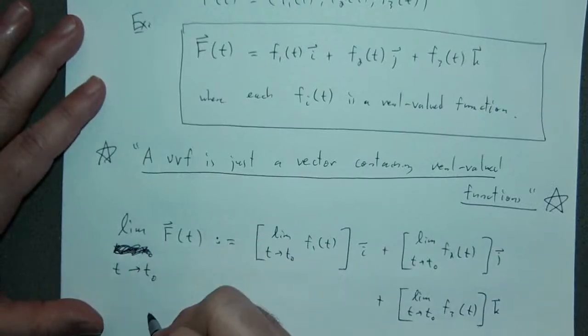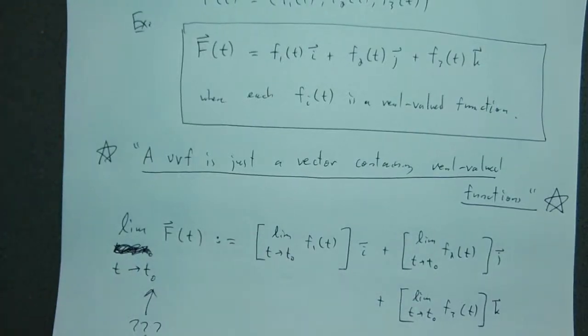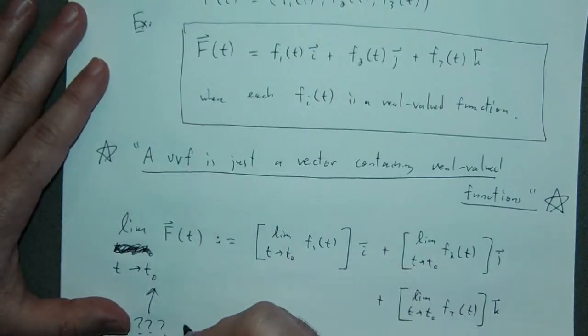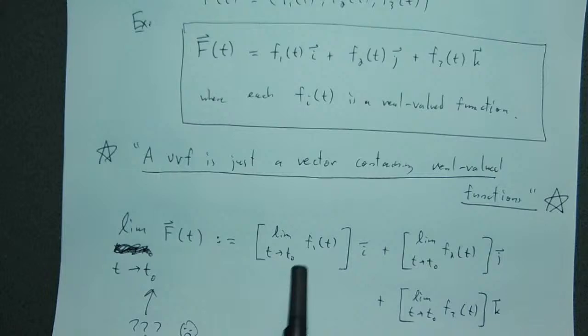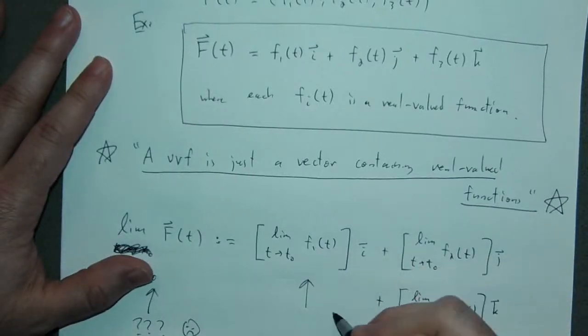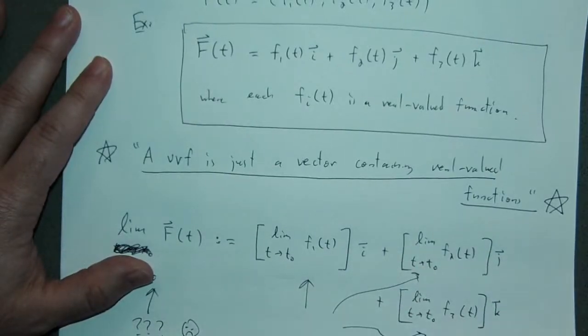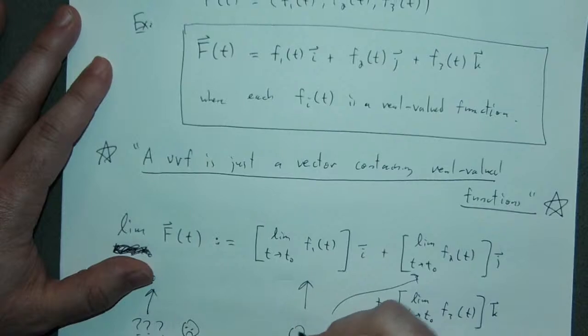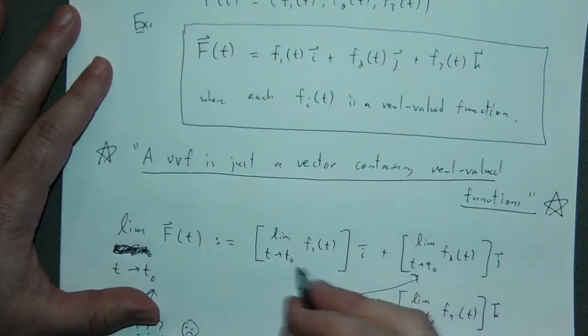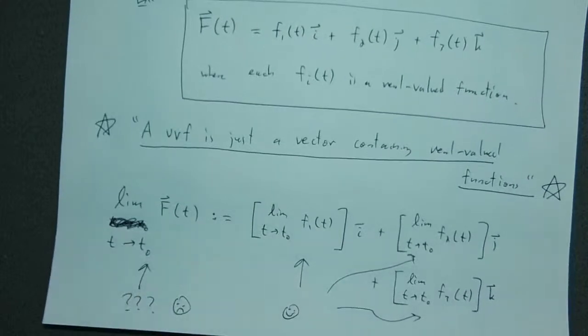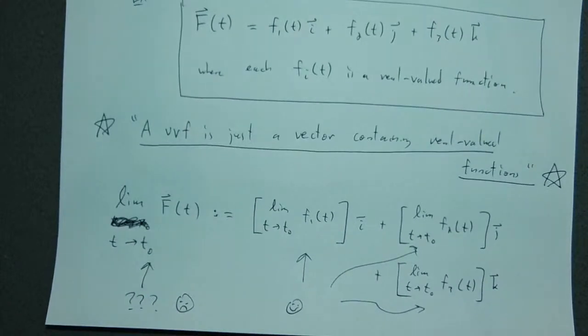So this concept, limit of vector valued function, I don't know. I'm sad because I don't know. But these are limits of real valued functions, which I know. I'm very happy, because I know how to take limits of real valued functions. And that's the story with vector valued functions.